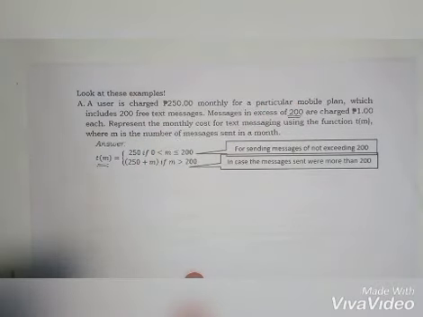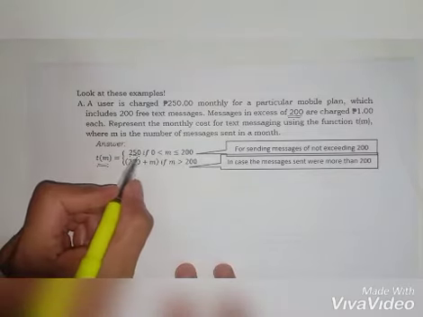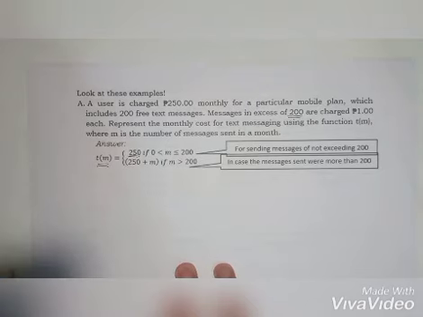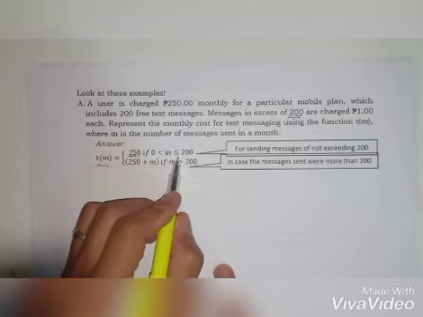So how much will you pay if you only send 200 messages or less? We are going to pay 250 if the number of messages is less than or equal to 200.